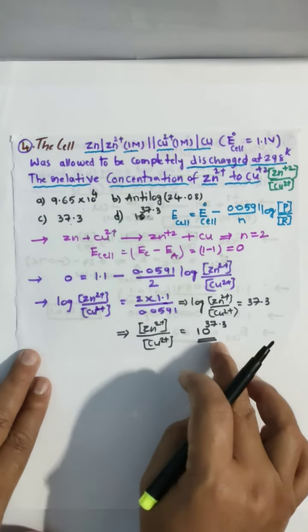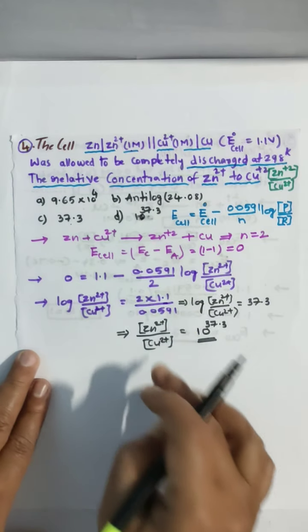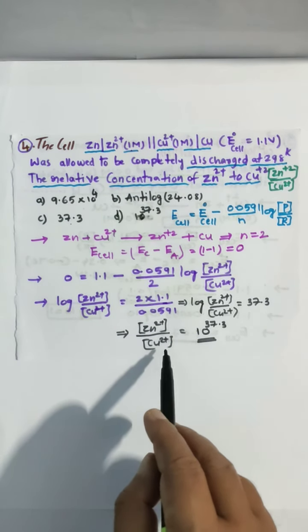And this is the concentration ratio of zinc 2+ and copper 2+.